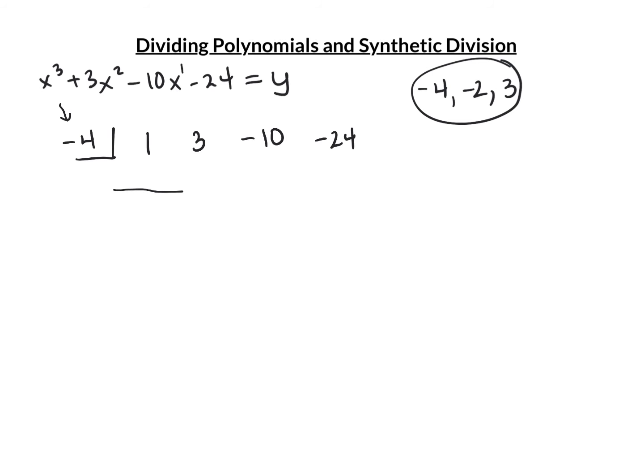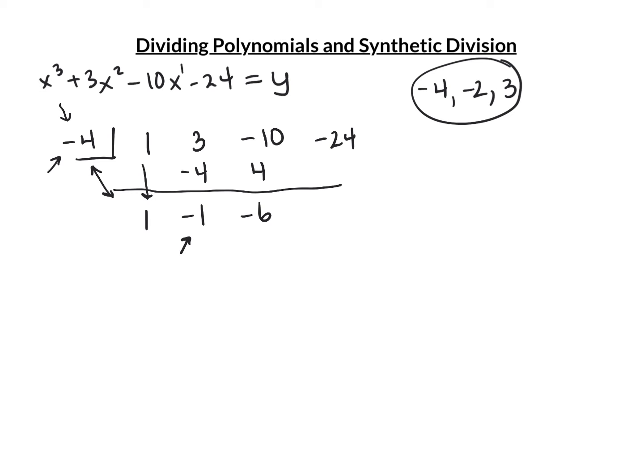My first step then is to bring down the 1. I take 1 times -4. I'm multiplying these two here, and I get -4. Now I add 3 plus -4. Don't subtract. Add is -1. And now I multiply. Multiply -4 and -1. That's +4. -10 plus 4 is -6.